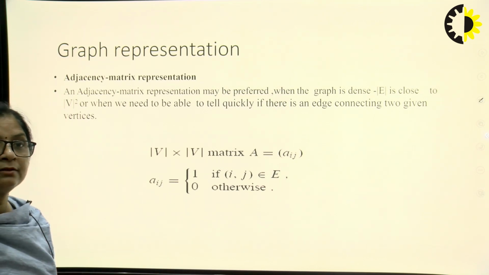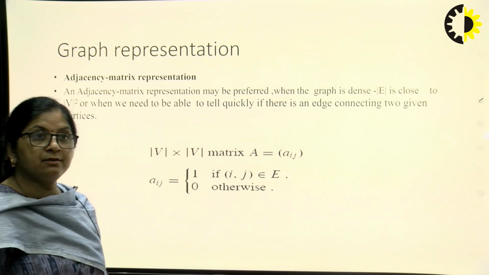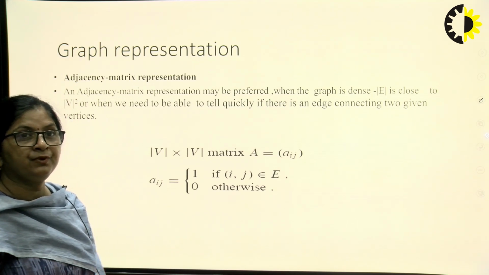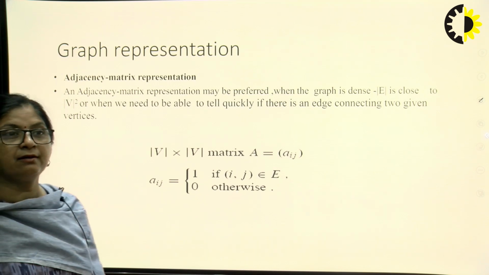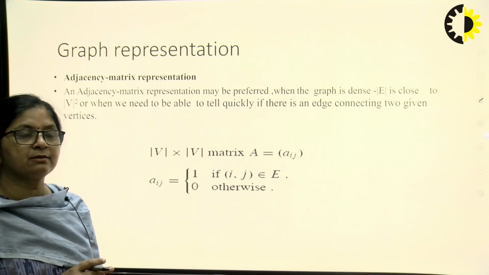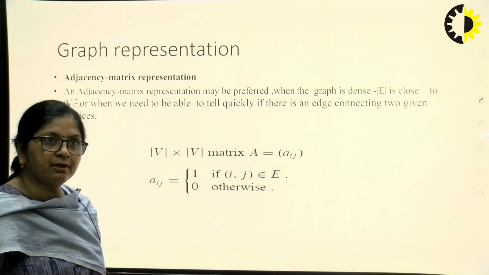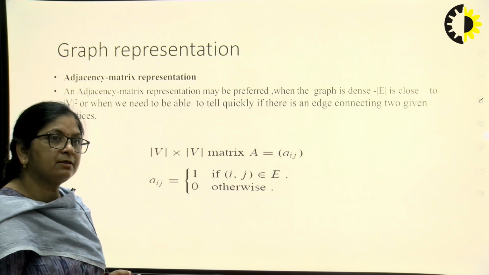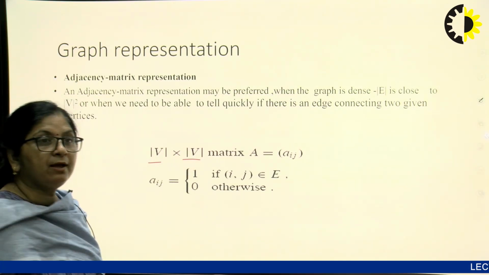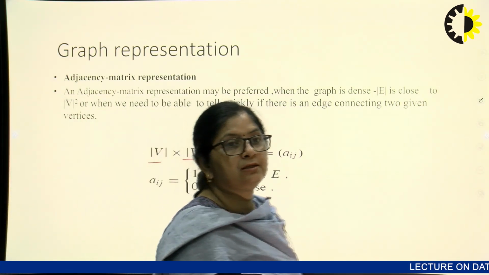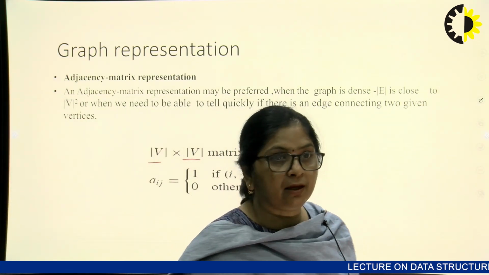Adjacency matrix. How do we create an adjacency matrix for a graph? Adjacency matrix is generally used for dense graphs. What we do in this is maintain a matrix. What will be the order of the matrix? That will be V cross V. If I am having n number of vertices, the size of the matrix will be n by n.